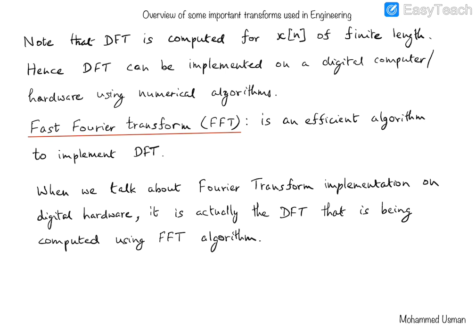So when we discretize a signal x(t) and get its sampled version, and then compute its Laplace transform, that gives us its equivalent Z-transform.